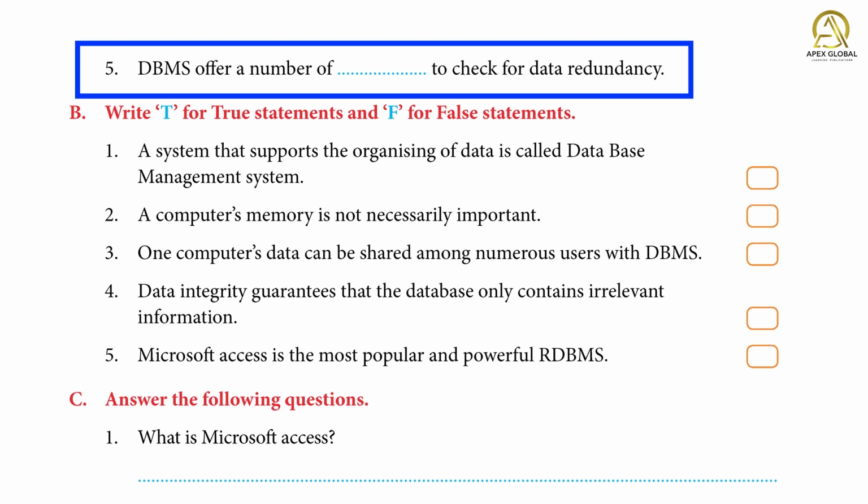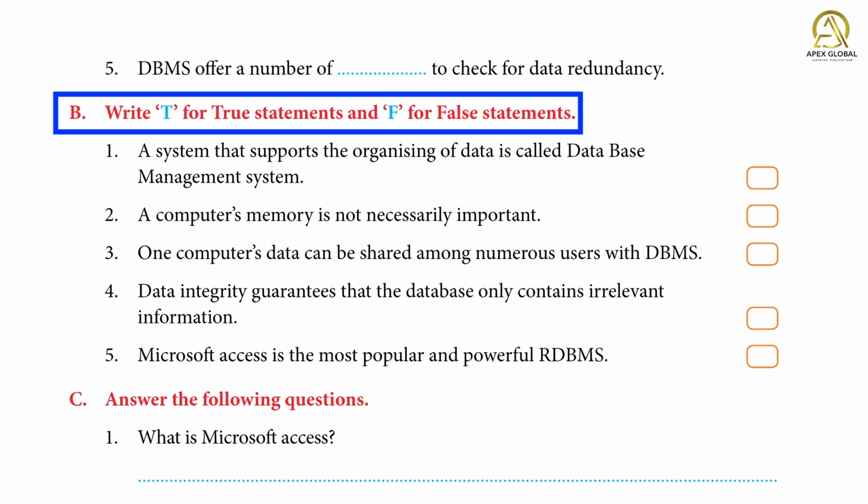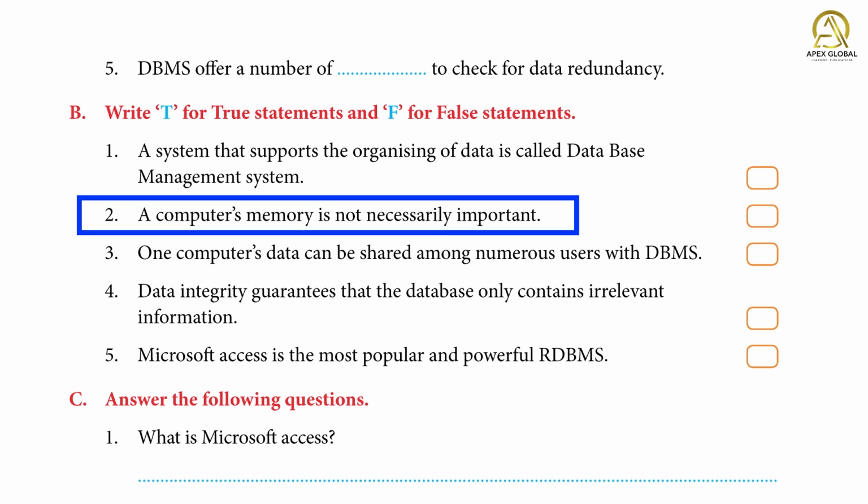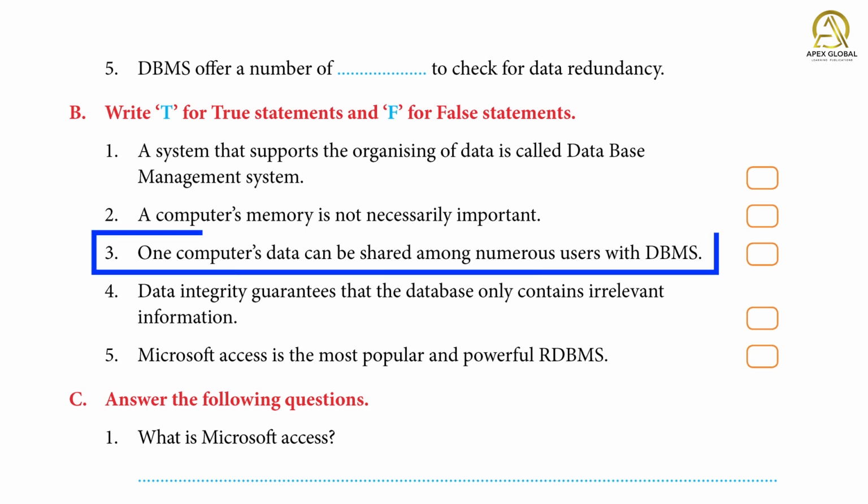Answer: location. B. Write T for true statements and F for false statements. 1. A system that supports the organizing of data is called database management system. Answer: true. 2. A computer's memory is not necessarily important. Answer: false. 3. One computer's data can be shared among numerous users with DBMS.